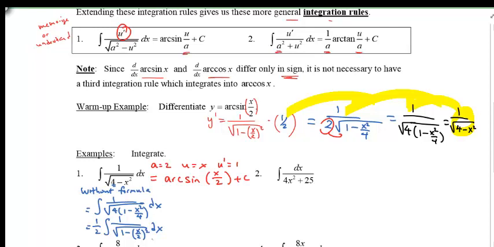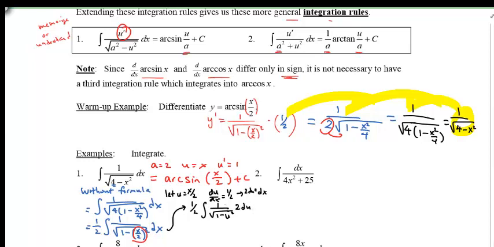Now notice my general one is always 1 over the square root of 1 minus something squared. In this case, I have x over 2. Now I will use u-substitution. I'll let u equal x over 2, which allows me to find du/dx, which is 1/2, which allows me to solve for dx as 2 du. Why is this helpful? I make my substitutions and get 1 over the square root of 1 minus u squared, and instead of dx, I now have 2 du.